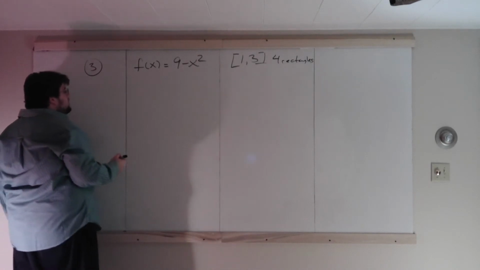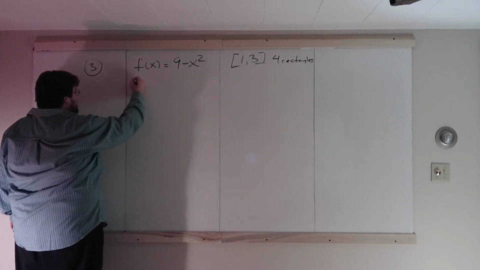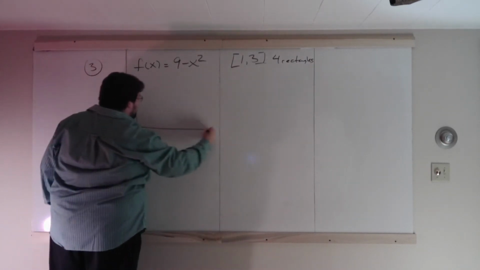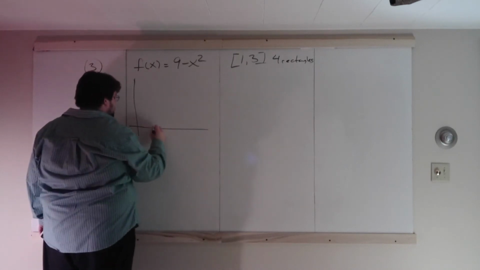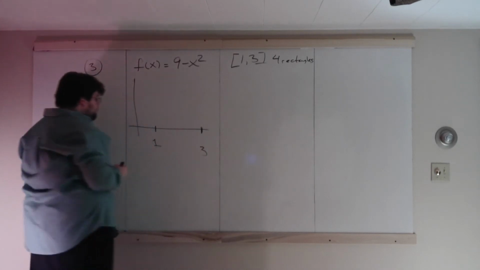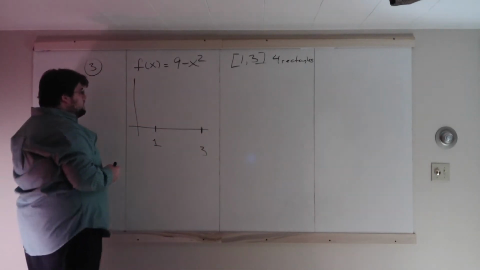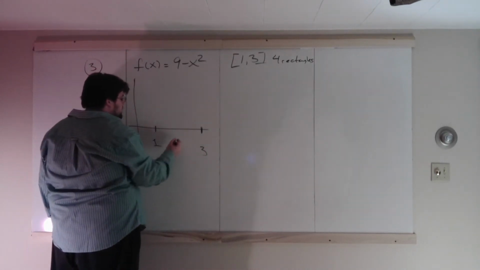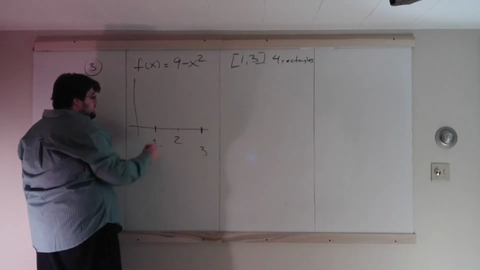But let's draw a little bit of this and then set up the formula. So we want the interval 1 to 3. Let's mark off 1. Let's mark off 3. And we want to divide this piece into 4 pieces. Let's divide it in half. Let's divide it in half again.